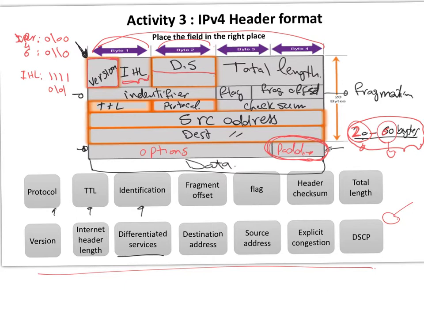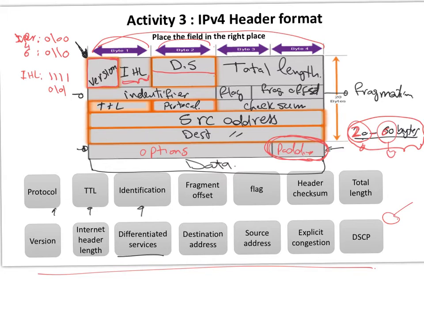If we give higher priority for video, especially if you're watching a movie or any video on YouTube, you won't end up with some pauses and some impairments in the video that would give you a very bad impression about the service.